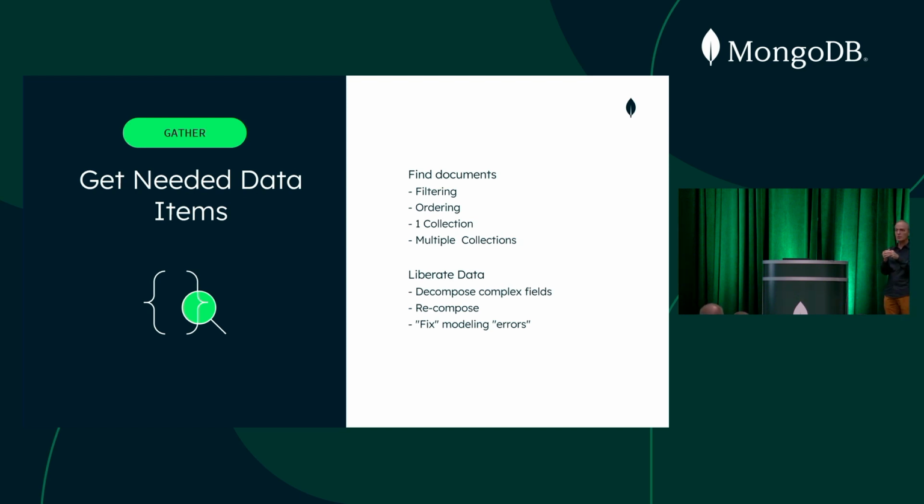Maybe somebody stored dates as strings. Maybe somebody had a bunch of fields strewn around that should act as a single field. So those I also consider in the gather stage because they are done before I do the real number crunching. So it's just kind of picking information out of my data, picking fields and deciding what values are important for me. So I'm picking which documents and I'm picking which fields in documents. Gather.